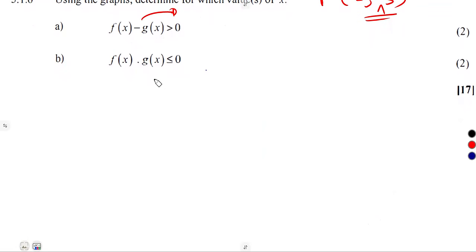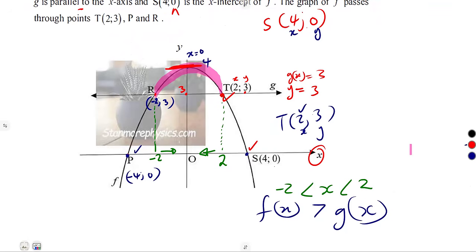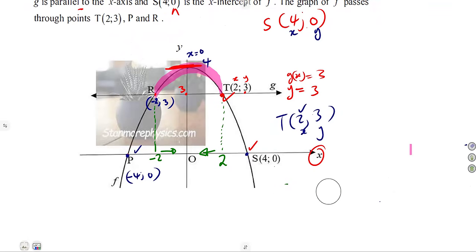Then f of x times g of x is less than or equal to 0. This is a condition of less than zero, so one must be negative. It is either f of x is negative and g of x is positive, or f of x is positive and g of x is negative. This is the condition that we need. One of the two functions must be negative in that interval.